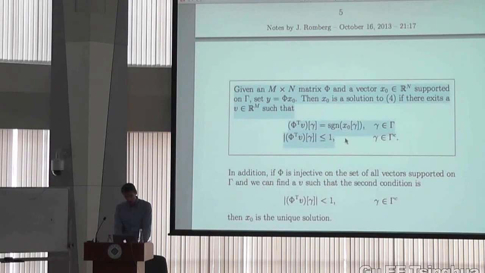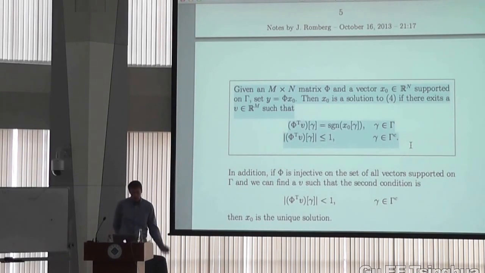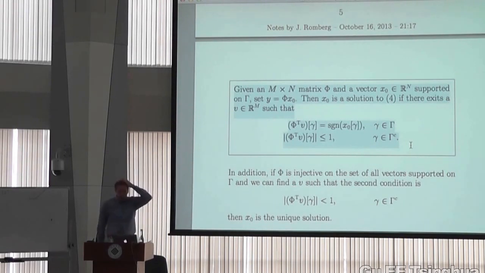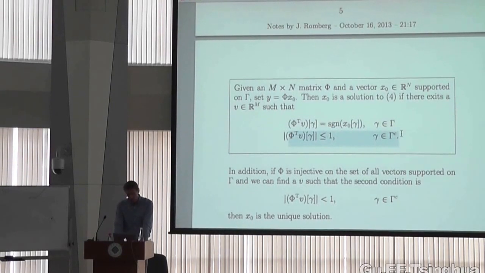Given an m by n matrix phi and a vector x naught supported on a set gamma, if you're given y equals phi x naught, then x naught is a solution to 1 if I can find any v such that phi transpose v is equal to the sign of x naught on the support of x naught, and phi transpose v has magnitude less than or equal to 1 everywhere else. I'm not saying anything about being a unique solution.